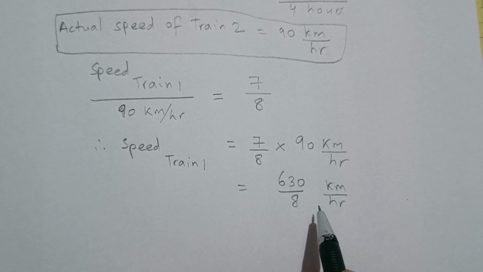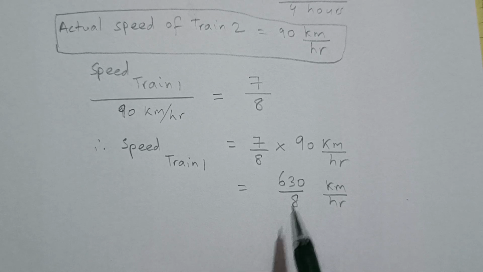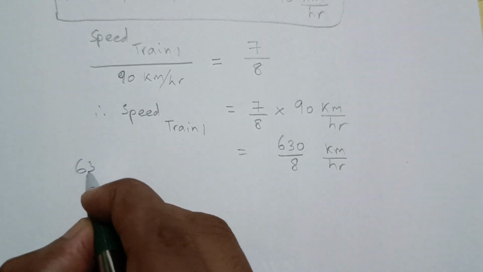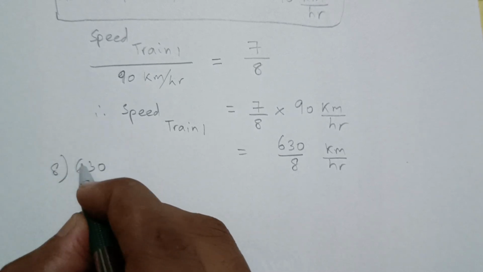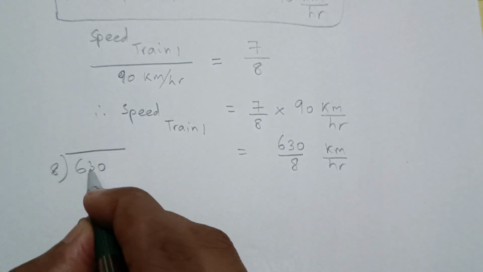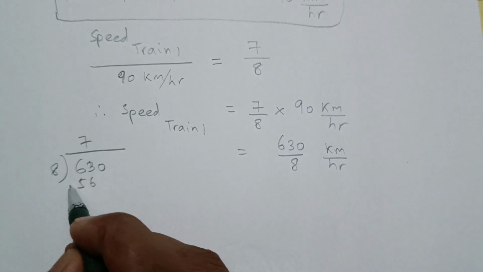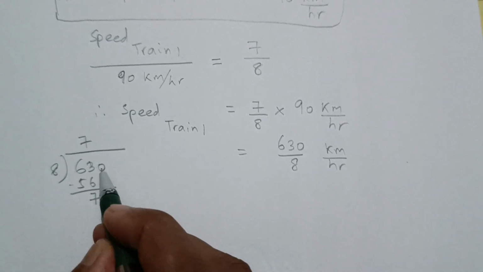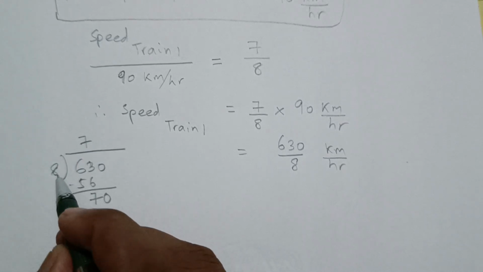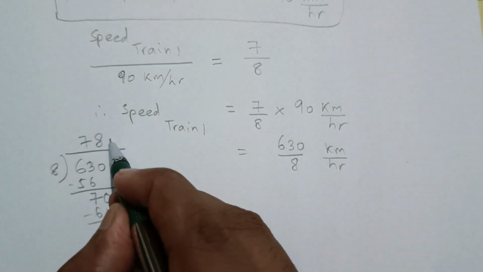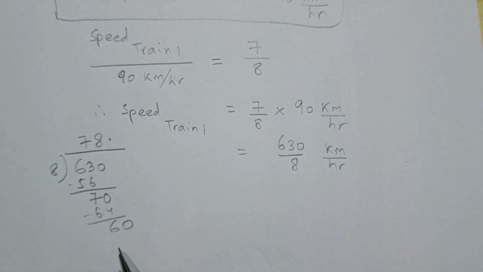Or you can simplify it by dividing. How much is 630 by 8? So 630 divided by 8. 8 7s are 56, remainder 7. Bring this 0 down, so 70. 8 8s are 64, remainder 6. Now put a decimal and we will put a 0 here.